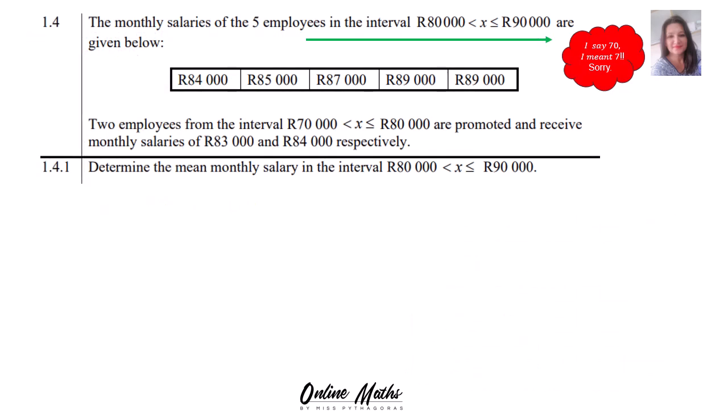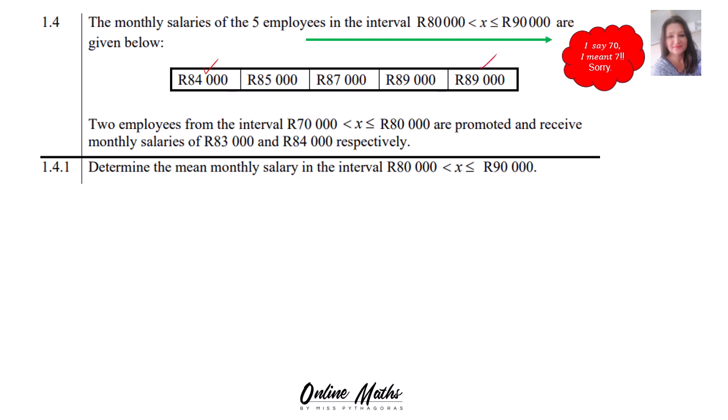Number 4, the monthly salaries of 5 employees in the interval between 80 and 90,000 Rand are given below, and then they give you the monthly salaries of the 5 employees from 84,000 up to 89,000.